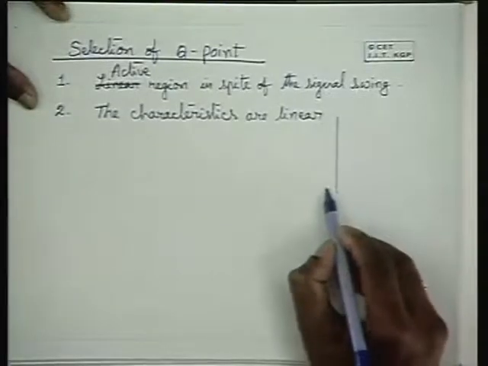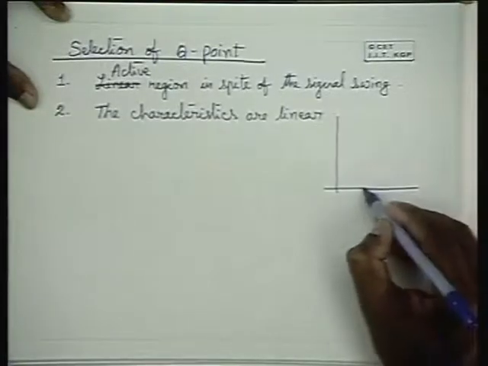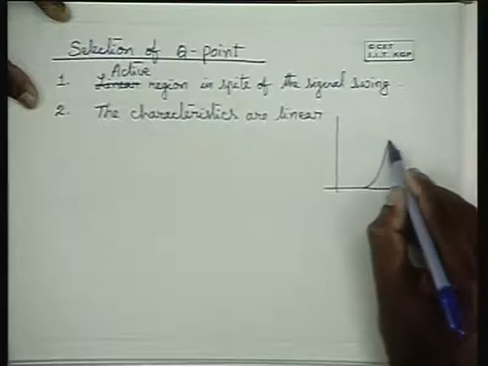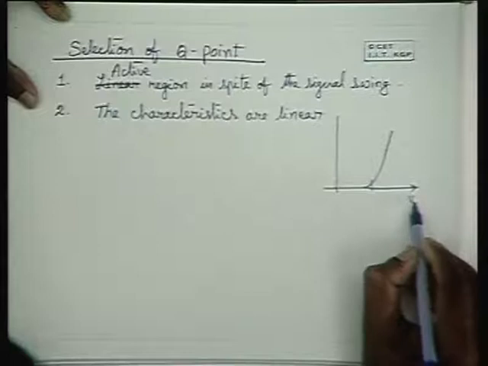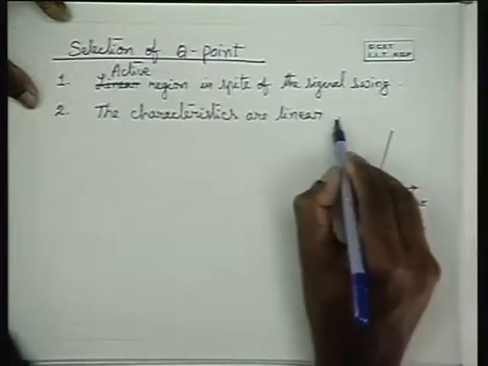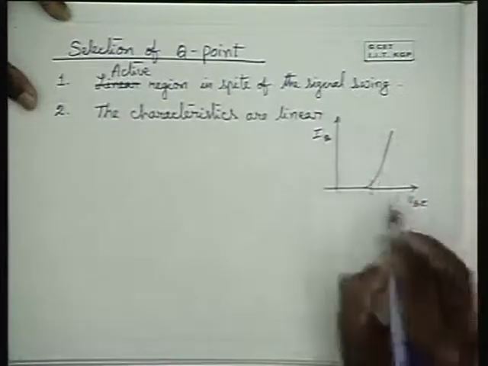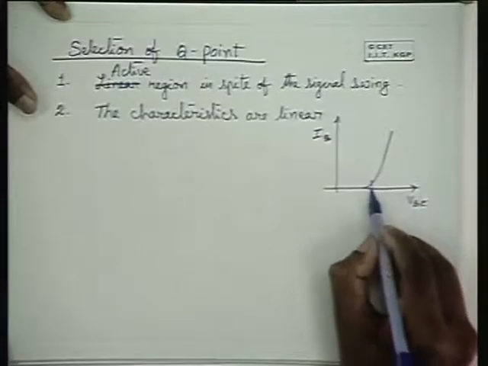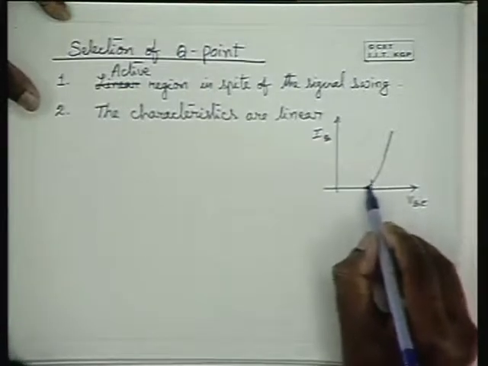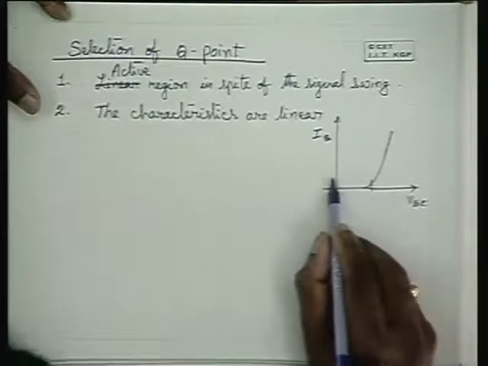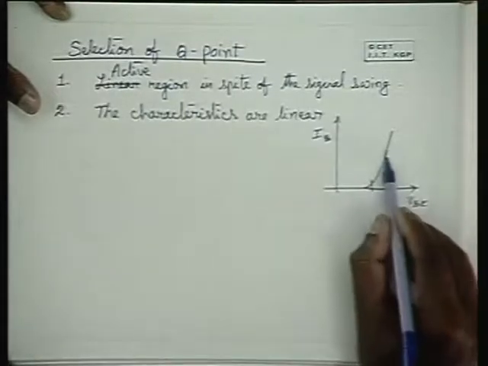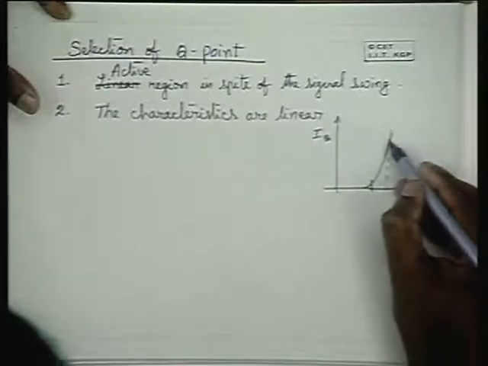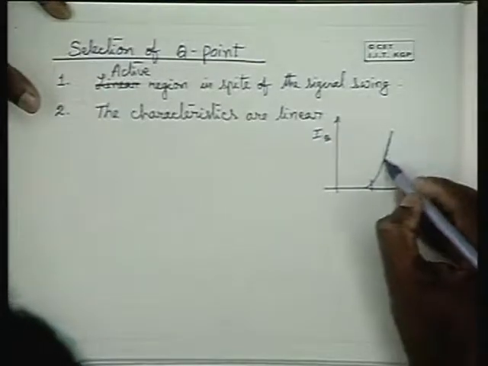If you look at the input characteristics over here for a transistor, please note that in this region the voltage has a nonlinear relationship with the base current, whereas in this region it has a good linear relationship.